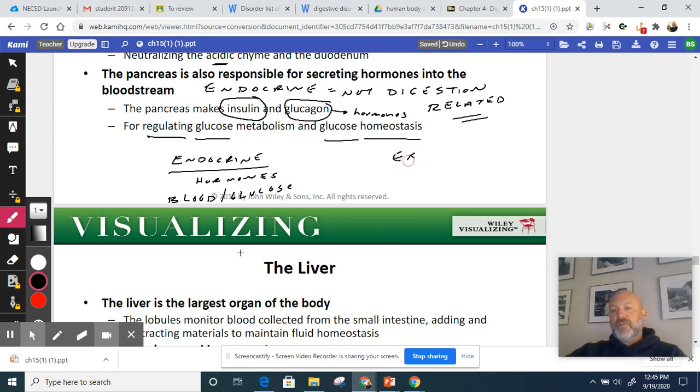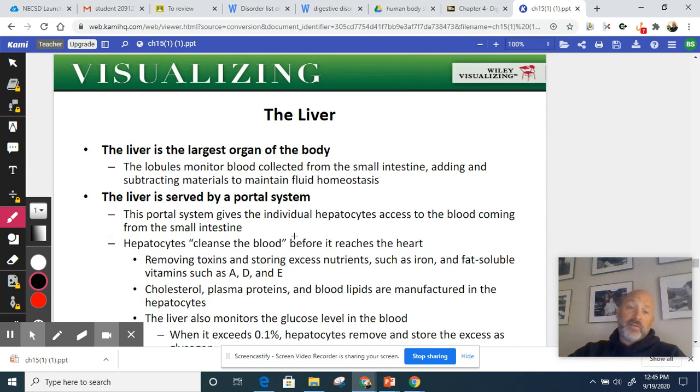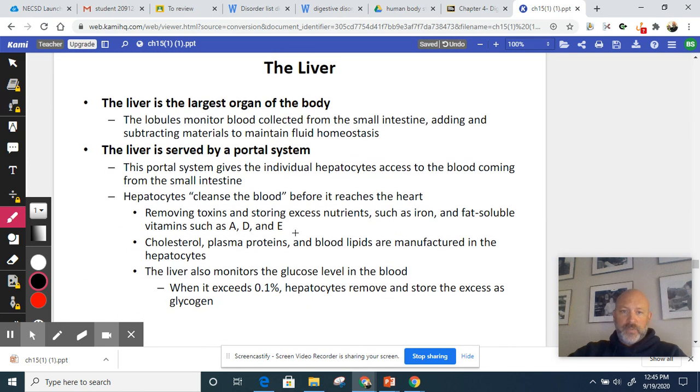The exocrine function produces digestive enzymes that chemically break down food. So two completely different jobs of the pancreas, which makes the pancreas a vital organ.